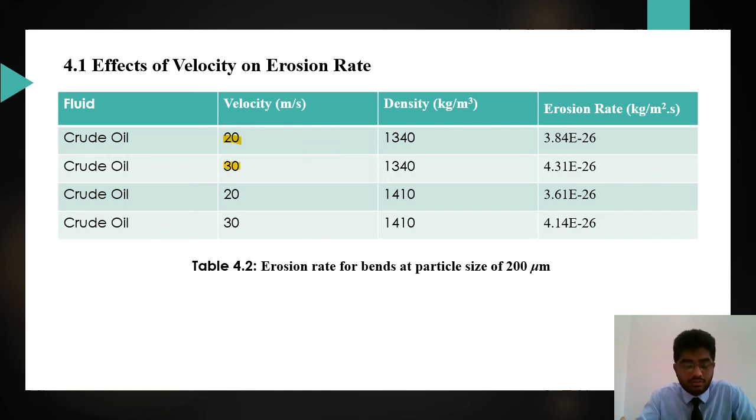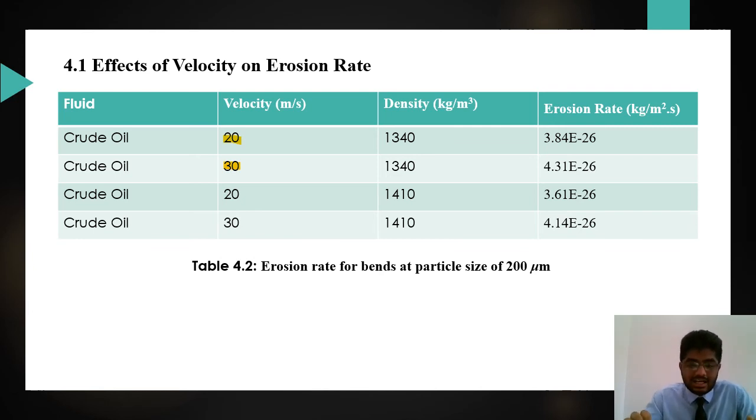The impact of inlet flow velocity on the total erosion rate is demonstrated in table 4.2 for particle size of 200 micrometer. The reason erosion occurs in a pipe when velocity increases is that there is an increase in relative velocity between the crude oil with sand and the surface of the pipe, which causes fluid shear.